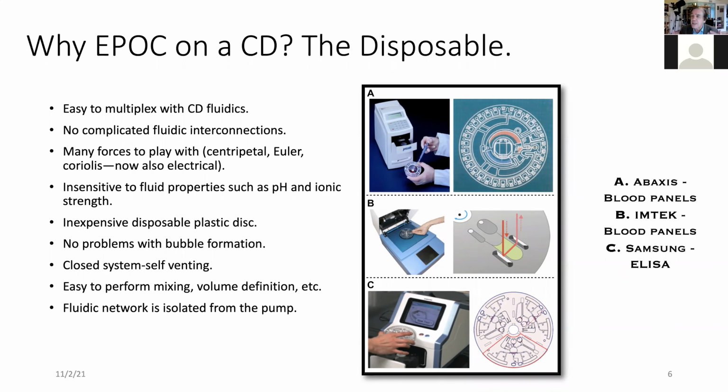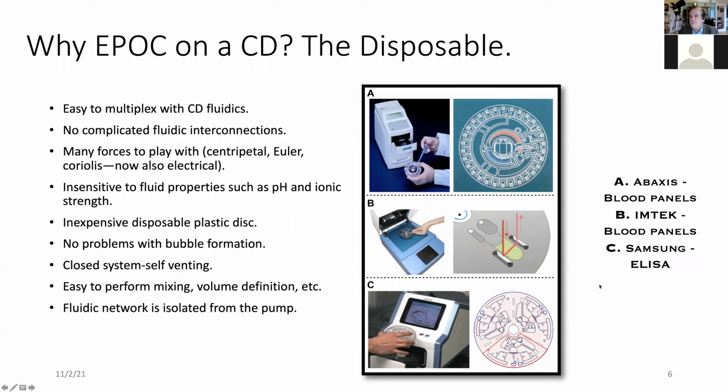And by the way, in all these years we've been doing research on this, products have come about. Here is the ABAXIS system where blood panels are taken from, in this case, animals. This is for veterinary application. Imtech, also blood panels for humans, and Samsung, an ELISA assay.